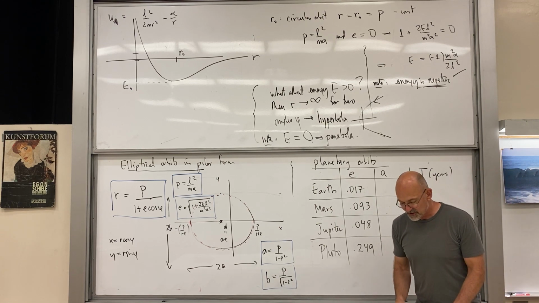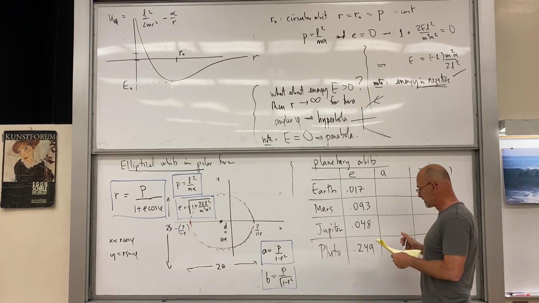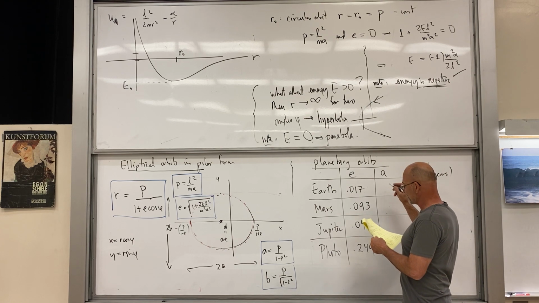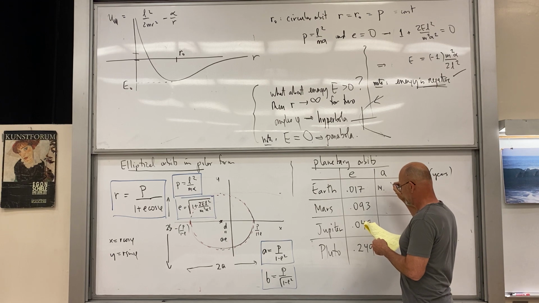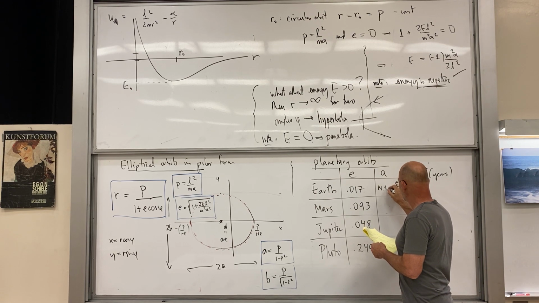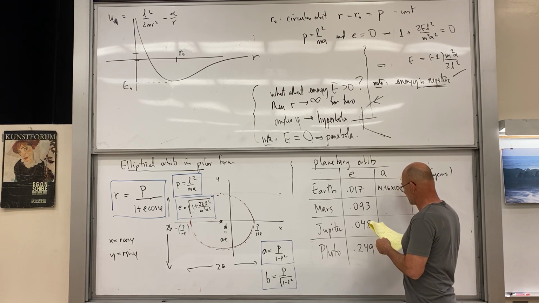How about the semi-major axis? I have it here in kilometers: 14.96 times 10 to the 7 kilometers.